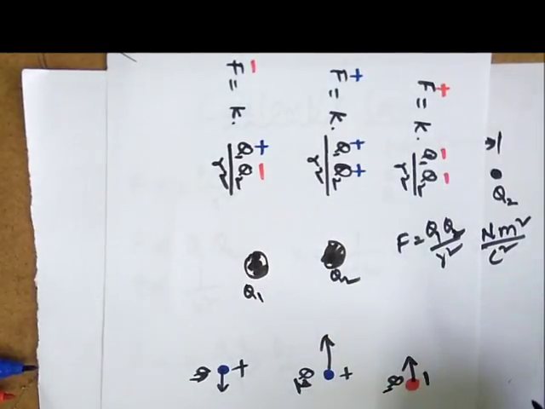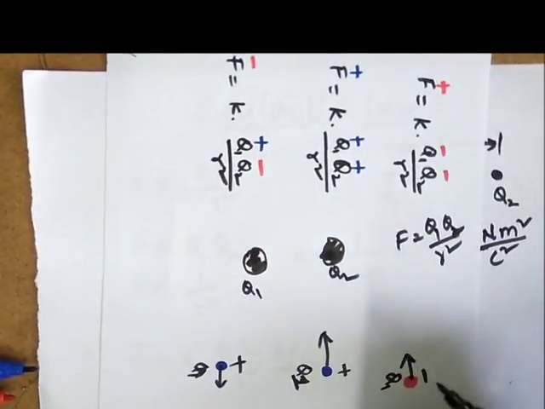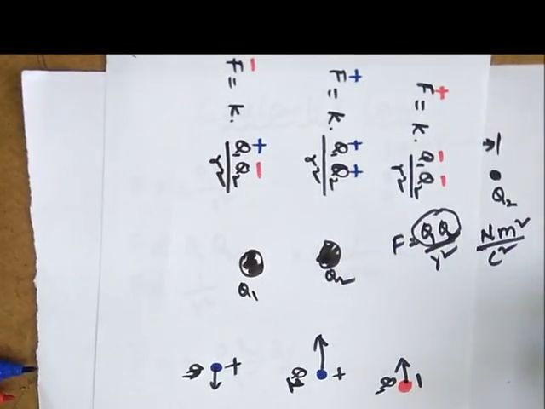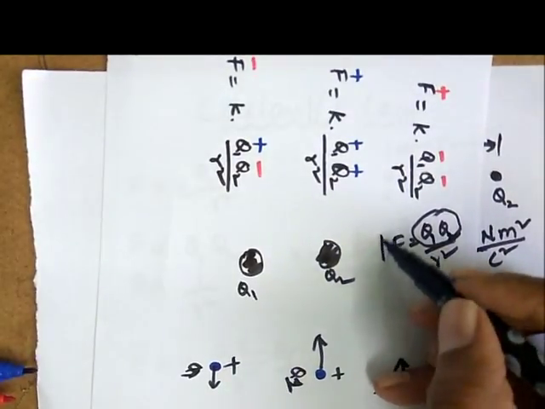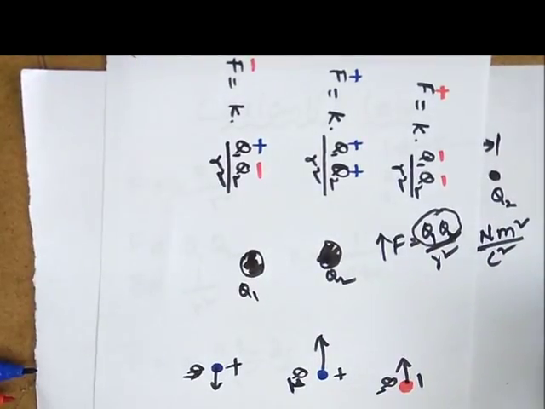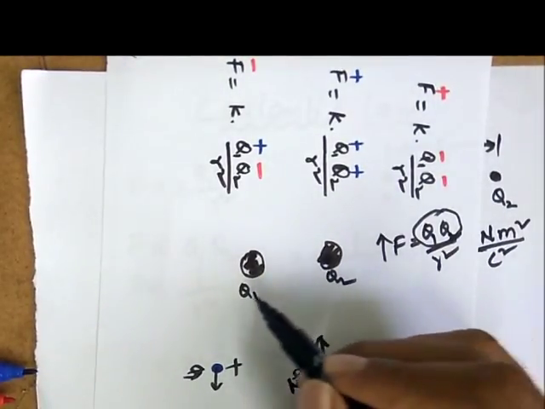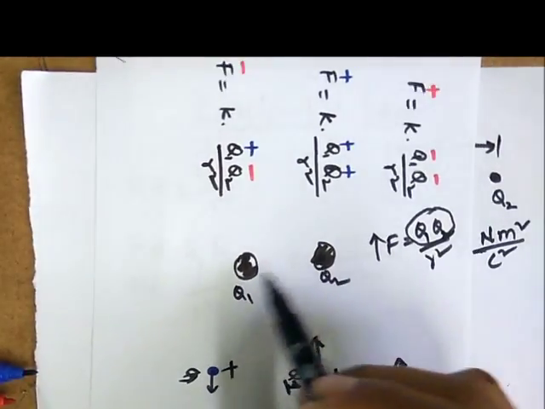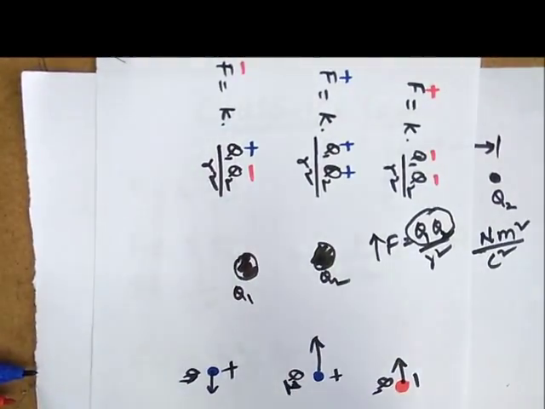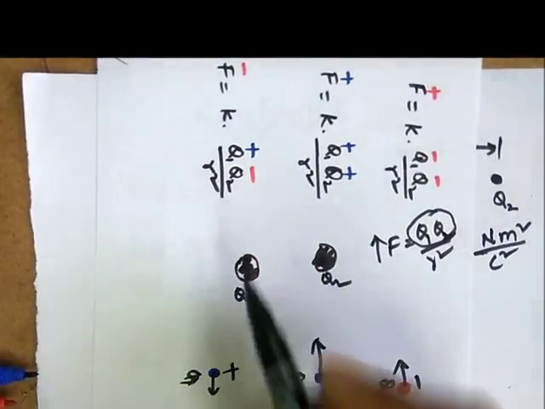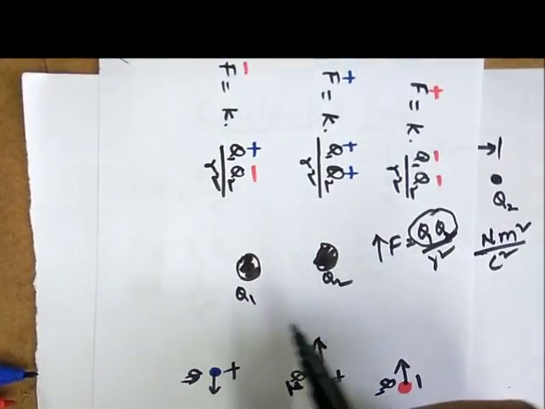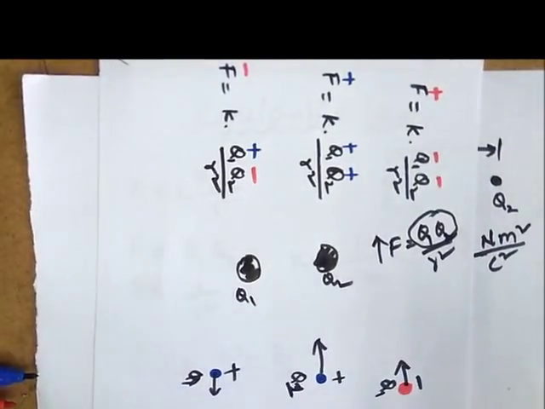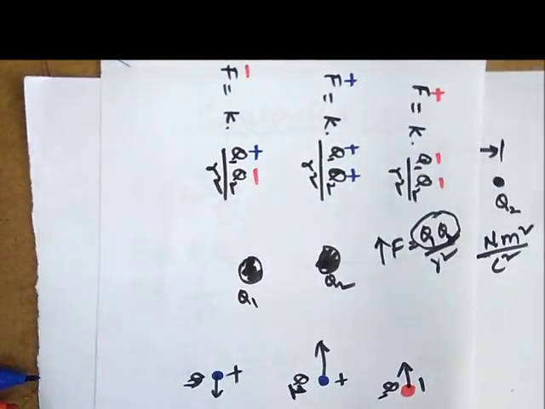If I make Q2 larger, automatically this product will become larger, making this F increase. So as the magnitude of the charges increases, the force between these two will also increase. The force may be repulsive or attractive depending upon the types of charges, whether they are both positive, both negative, or one of them is positive and one is negative. This is how we can discuss Coulomb's law.